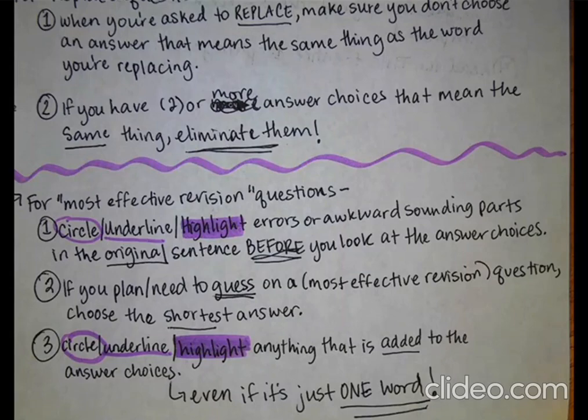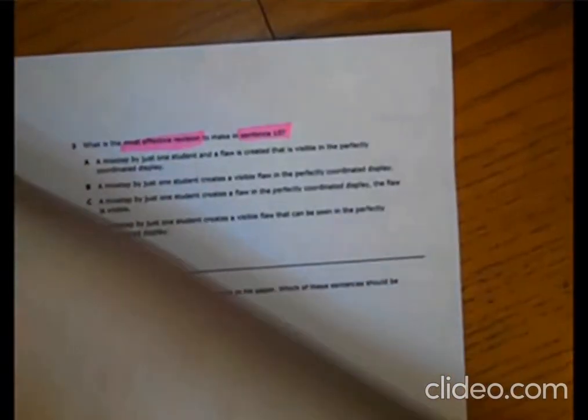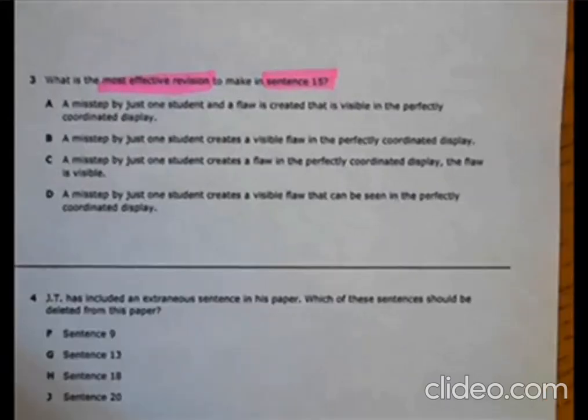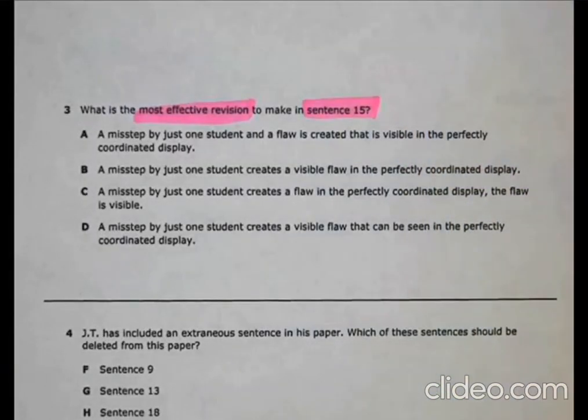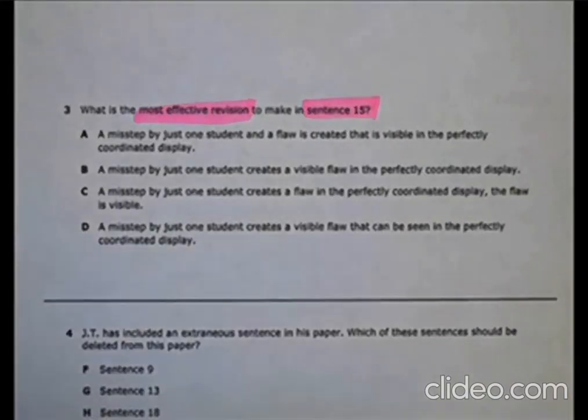So let's go ahead and see what this looks like. So before we go into the text, really quick, I want us to see. We're going to test out this theory really quick.